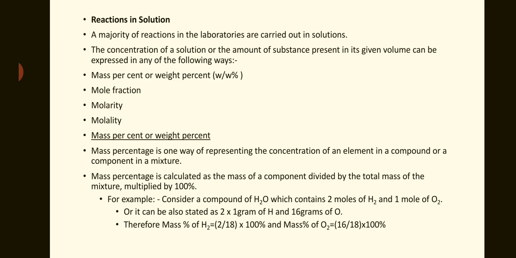Similarly, for mass percent of oxygen, the atomic mass of oxygen is 16, so mass percent of O is 16 divided by 18 into 100%. In this way you can calculate mass percent.